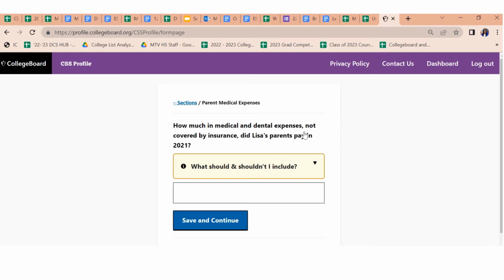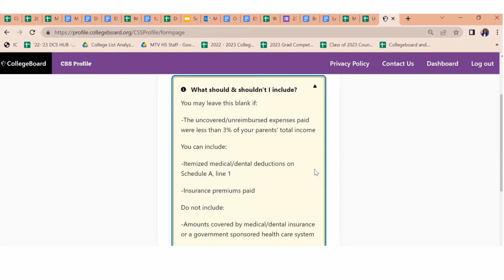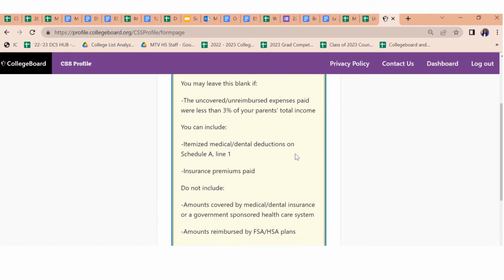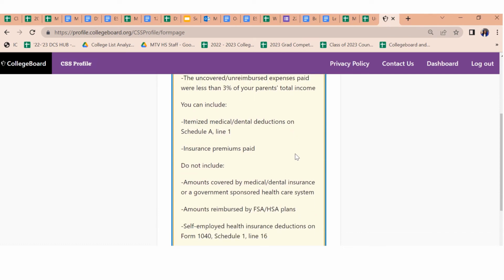How much in medical and dental expenses was not covered by insurance, and did the student's parents pay in 2021? So very important, read through what you should and should not include. So please talk about this with your college counselor if you are unsure.